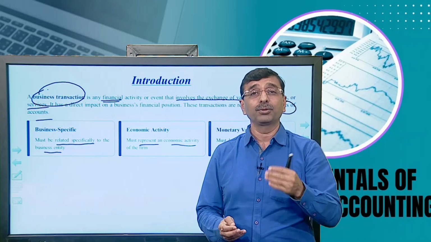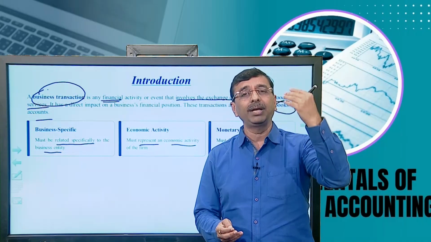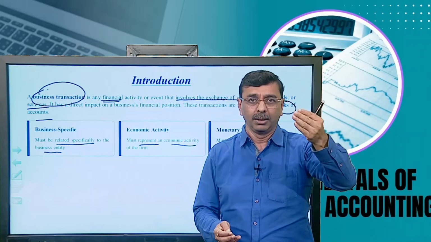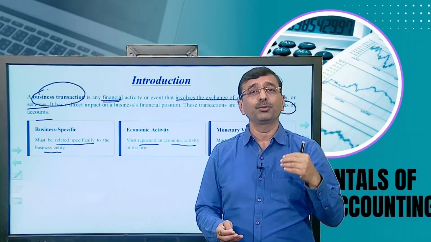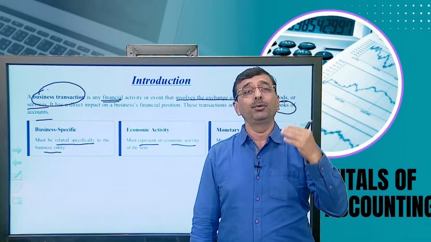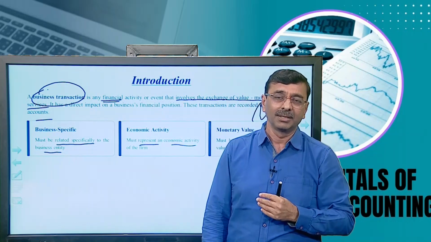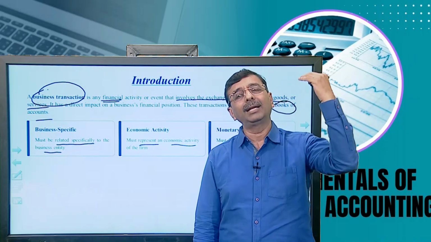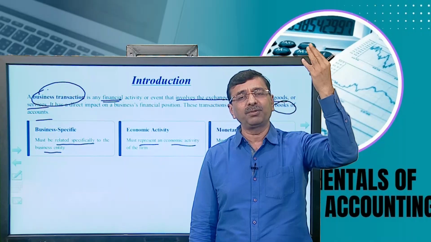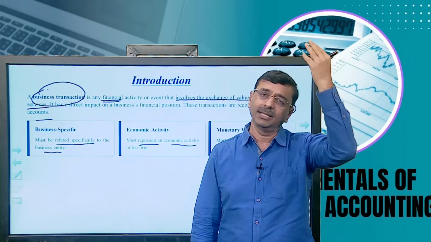Suppose the owner is thinking of taking a certain decision in the future, this is not a monetary transaction. Suppose I tell you that I am going to invest 50,000 rupees in the next 6 months. That is my idea. I thought in my mind that I'll invest 50,000 rupees in the business in the next 6 months.